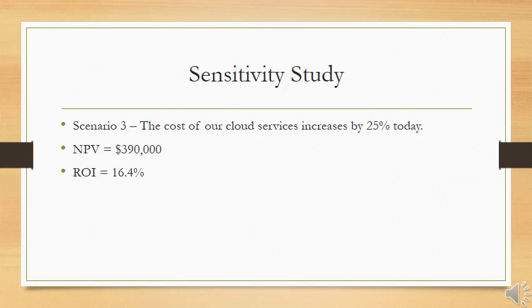And the third scenario: what if we were off by 25% in the cost of our subscriptions to cloud services because for some reason they become extremely high demand and pricing blows out? Well, not to worry, we would still have a return on investment of 16.4%. Not as ideal as our projected figures, but we're still not in the dark there.